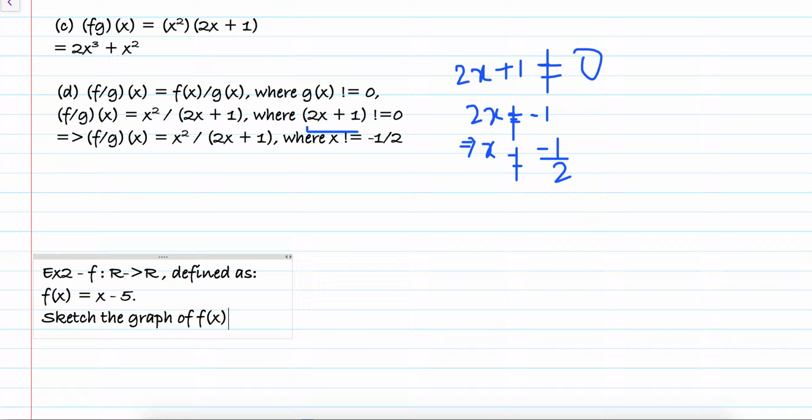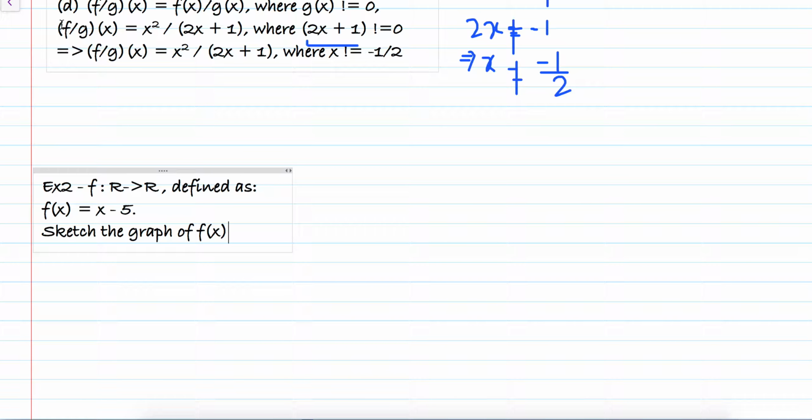function f(x). So remember, in our earlier lectures, whenever we are asked to draw a graph, we first write the table for that.